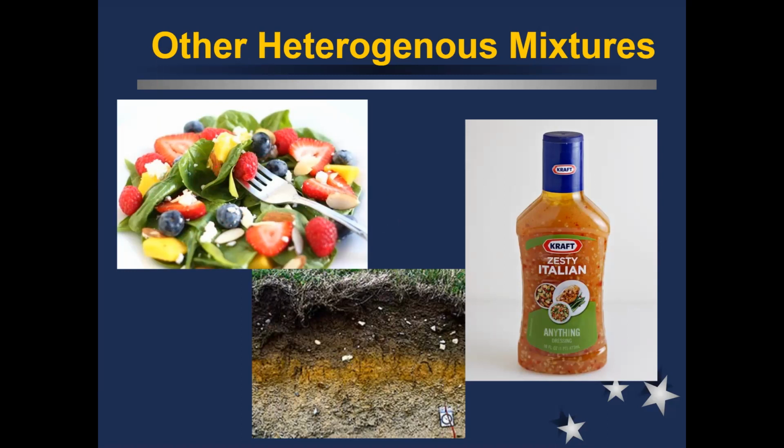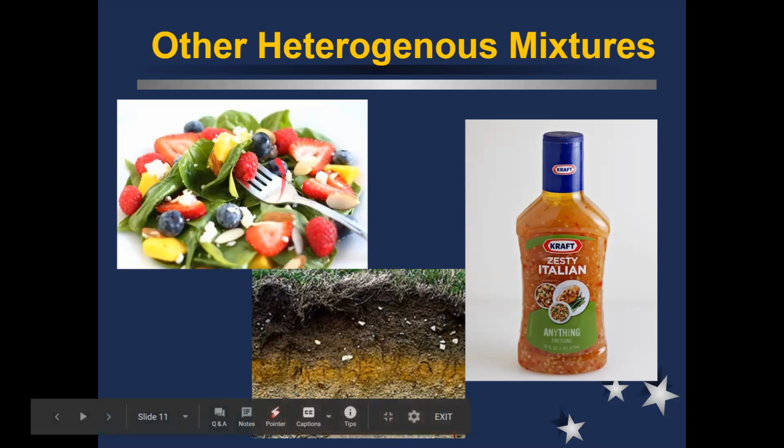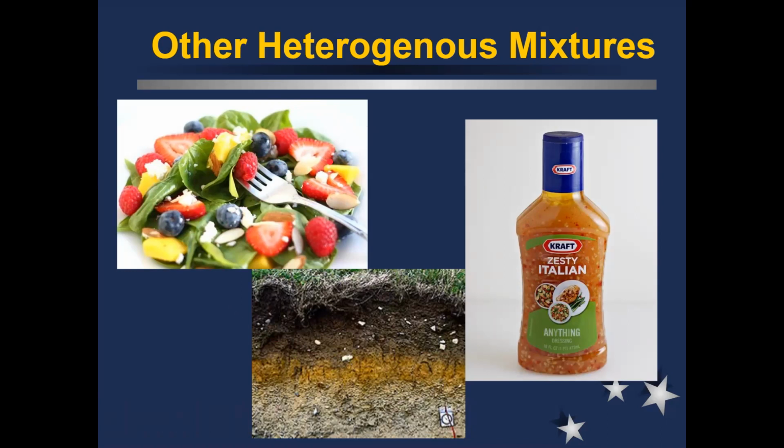So when you dump this salad in a smoothie and blend it all together and make that smooth, creamy paste, that is more of a homogeneous mixture because now we've taken all of those spinach and blueberry and strawberry compounds and mixed them up totally evenly in our smoothie cup. But when it's a full salad, then it is heterogeneous. It's not even and equal.